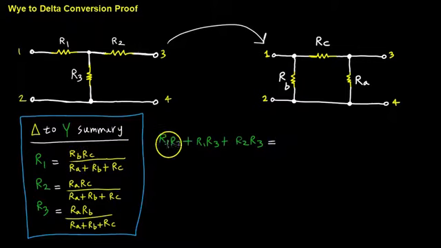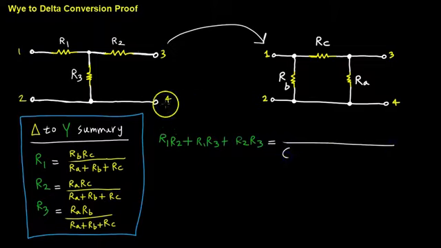So we know that whatever the multiplication is, it's going to have the same denominator. So I'm just going to write the denominator down here and square it, because for R1 and R2, for example, it's going to square the denominator. So I'm going to say (RA plus RB plus RC), let's go ahead and square that.